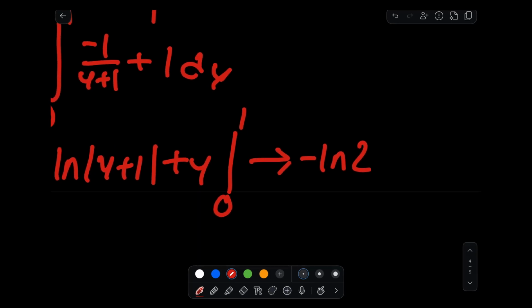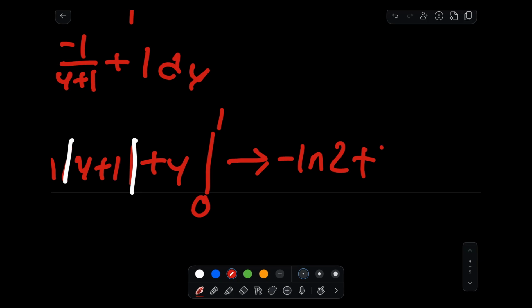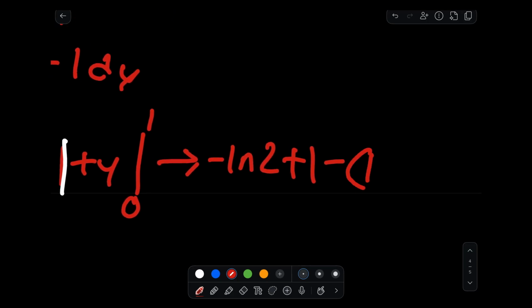And I should probably clarify this right here. This is supposed to be an absolute value, not an extra 1 attached. Negative ln 2 plus 1 minus minus ln, so plus plus.